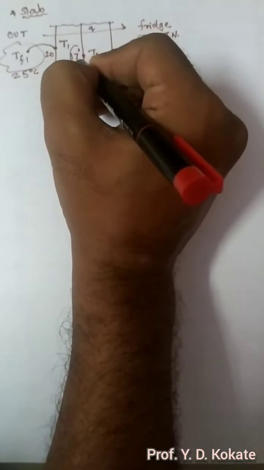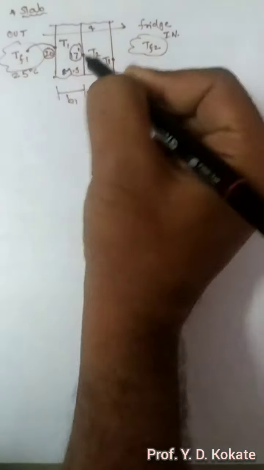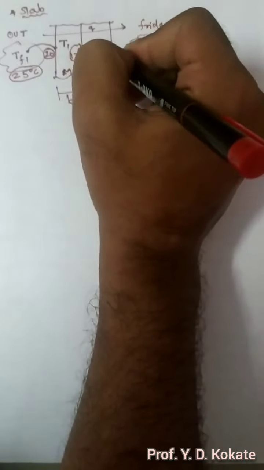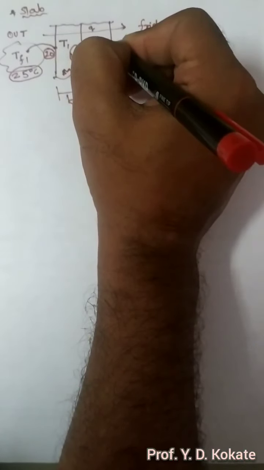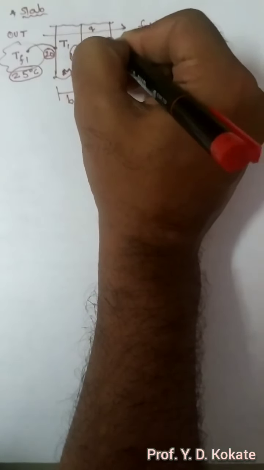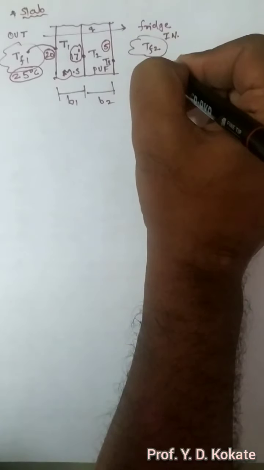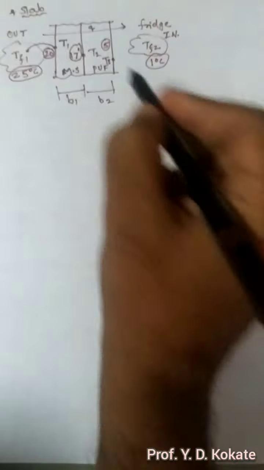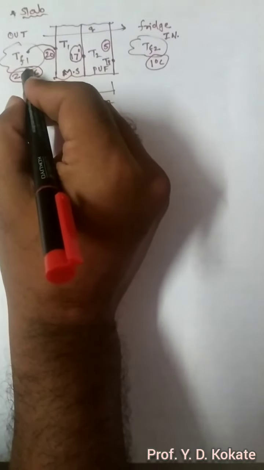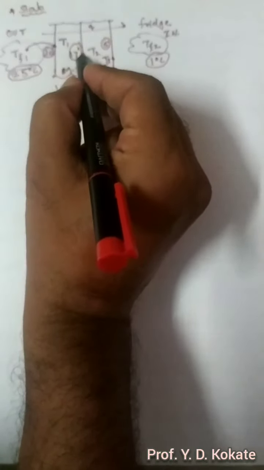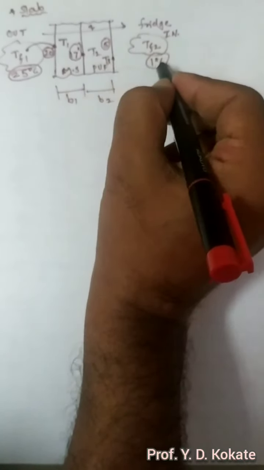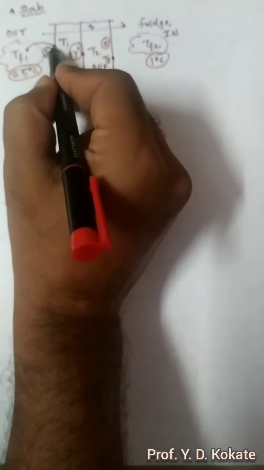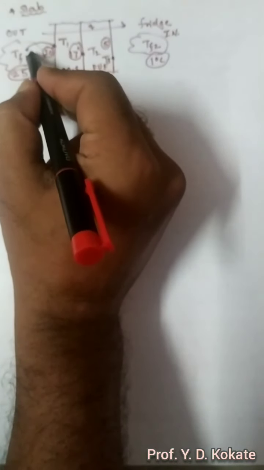These are the examples I quoted so that you can understand. This becomes the insulation, so the temperature drastically decreases over here. So it will be 5 degrees Celsius, and this will be, let's say, 0 or 1 degree Celsius. So like this 25 to 20, 20 to 17, 17 to 5 and then 1 degree Celsius. Here the temperature is 25, here 20, so there is a temperature difference, so heat transfer will take place.